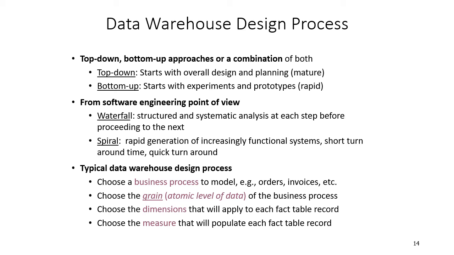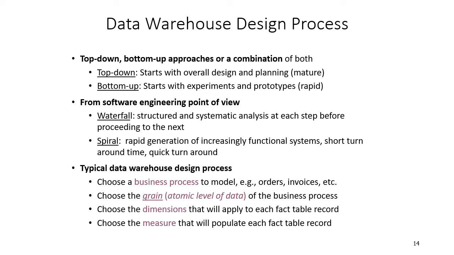In that case, we go with the bottom-up approach, where we first put in some random experiments and try to develop prototypes in order to finish the design process quickly. From a software engineering perspective, the waterfall model or spiral model can be used. Waterfall model is generally preferred in the top-down approach, and spiral in the bottom-up approach.